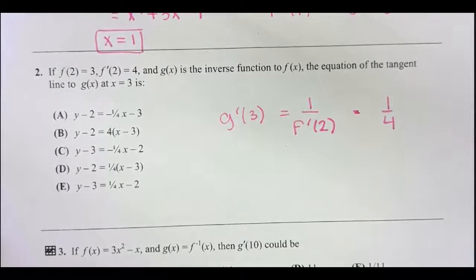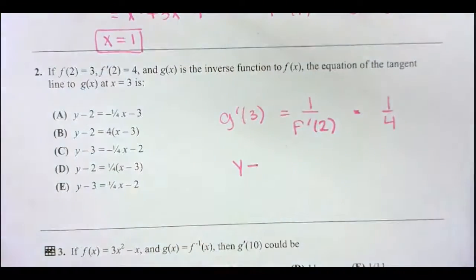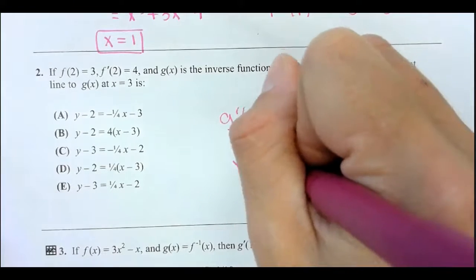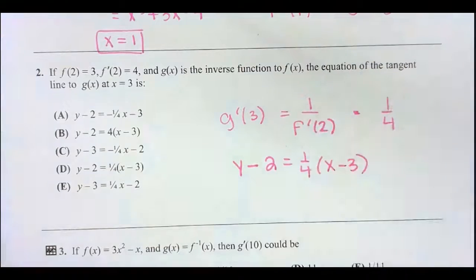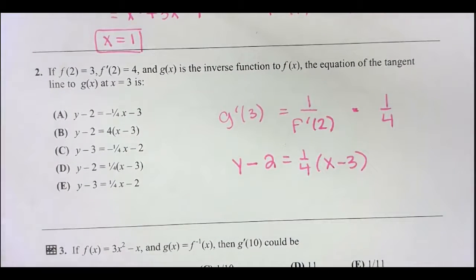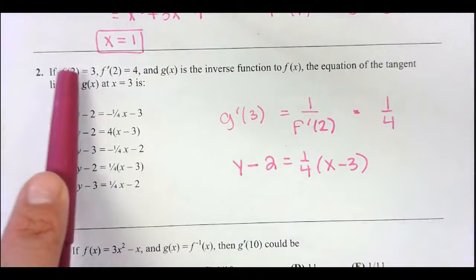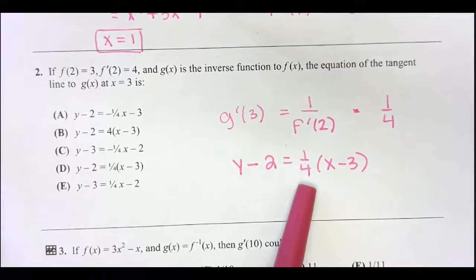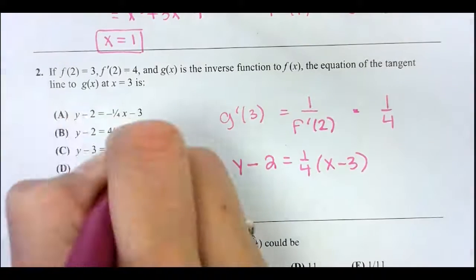So then the equation of the tangent line is y minus 2 equals 1/4 times x minus 3, because we're trying to find the equation of the tangent line of g, so you have to make sure you flip-flop your points from up here, making that my y and that my x for g. So letter D.